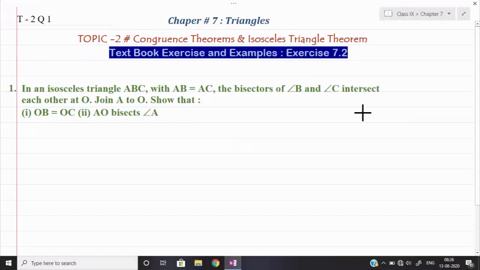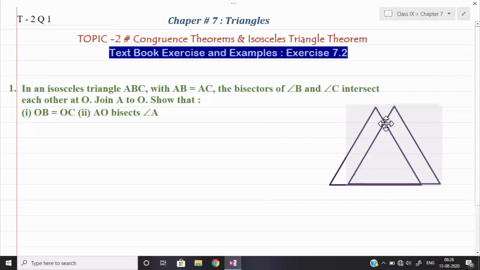Suppose I have one triangle ABC over here, like this, or we can extend it a little bit because we require it a little bigger.